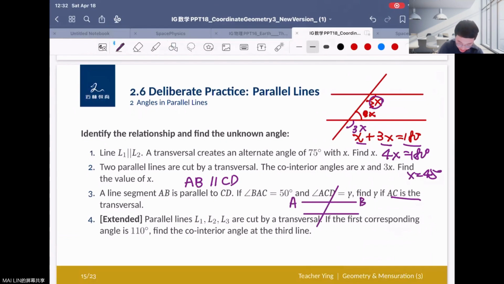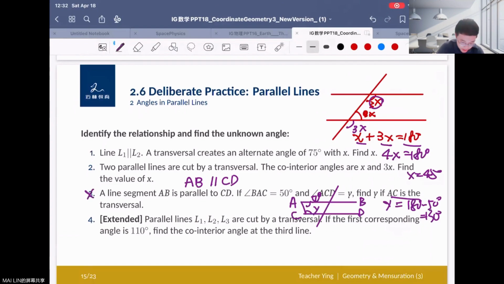BAC and ACD are like this angle. Since AC is the transversal, Y equals 180 degrees minus 50 degrees, which is 130 degrees. They are not alternate angles; they are co-interior angles.